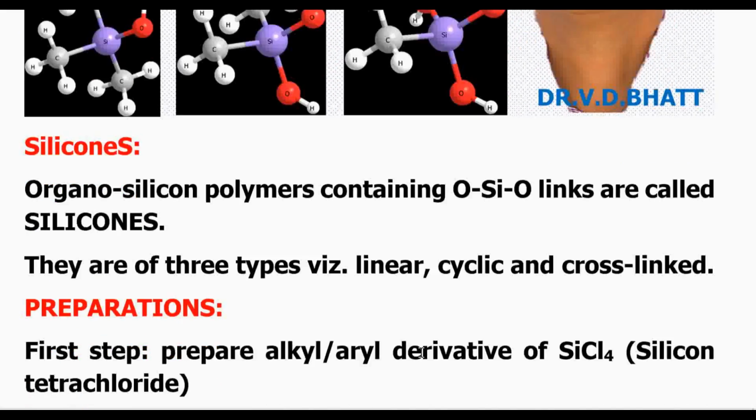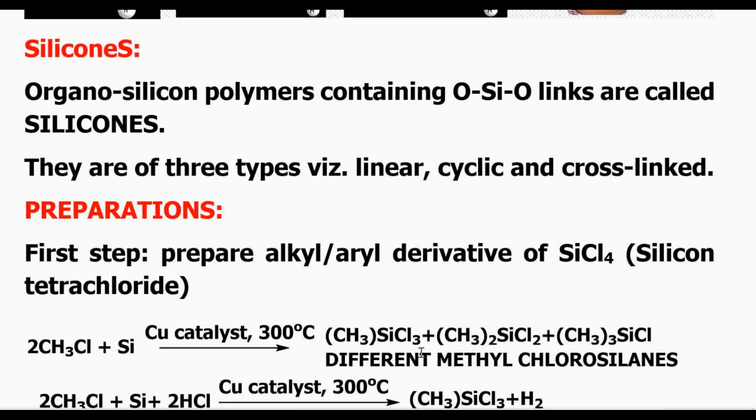So let us formally begin the discussion on silicones. You will see here that I have written the word silicones in an unusual way because I wanted to draw your attention.